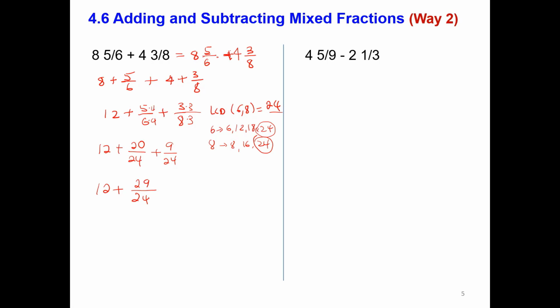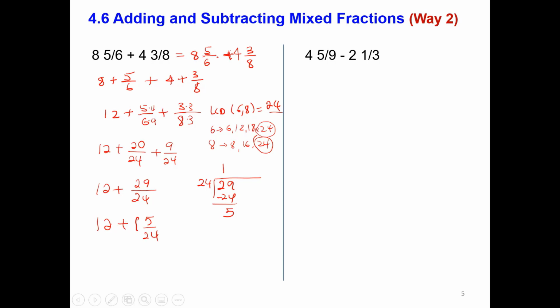To do that, we divide: it's 1, 1 times 24 is 24, we subtract, and we have 5. Then we write 1 as the whole part, the quotient. The remainder is the numerator, and this one is the denominator.